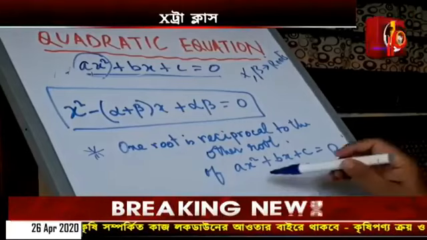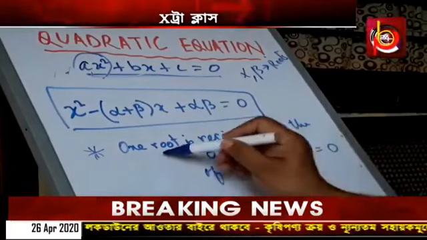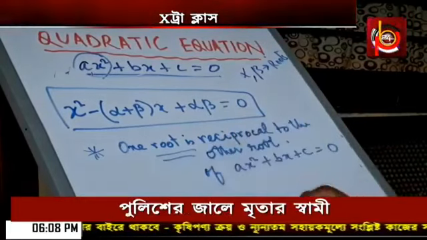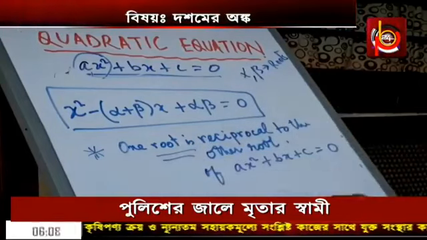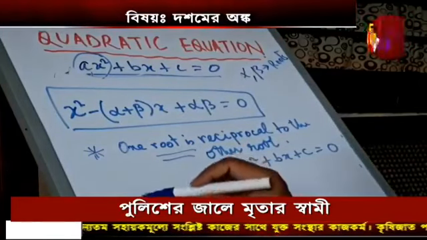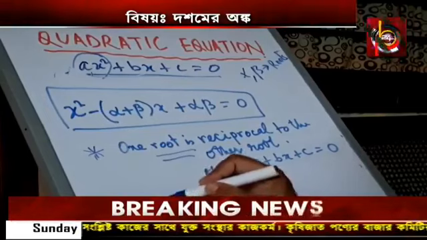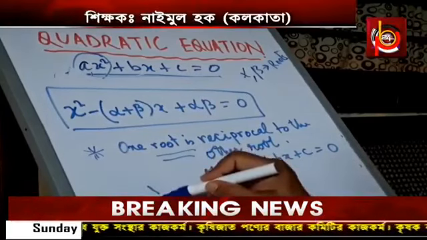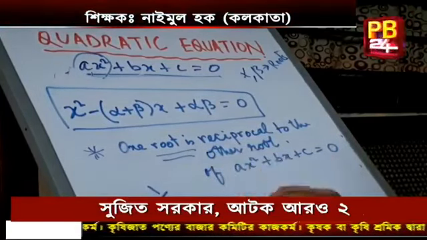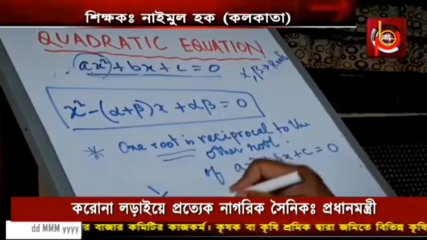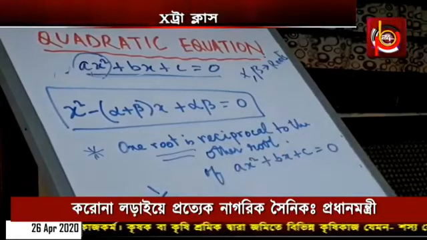You can see, when one root is reciprocal, if the roots are alpha and beta, we can assume alpha is one root and the other is, as it is reciprocal, 1 upon alpha. So the two roots are alpha and 1 upon alpha.